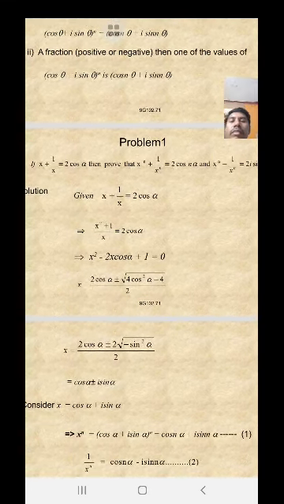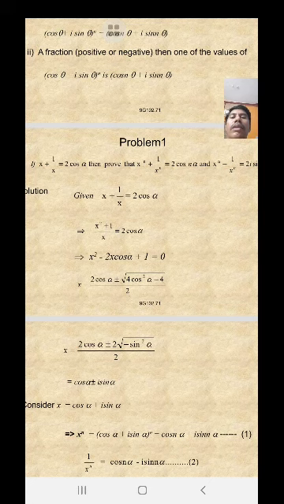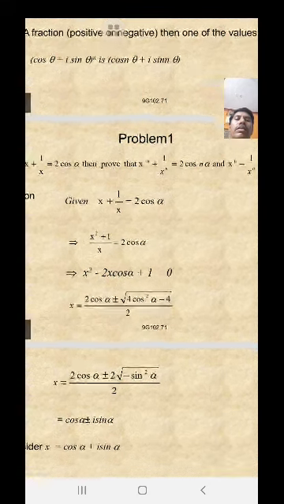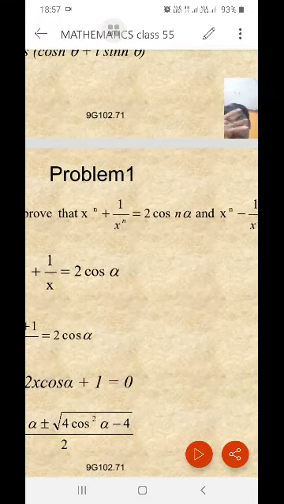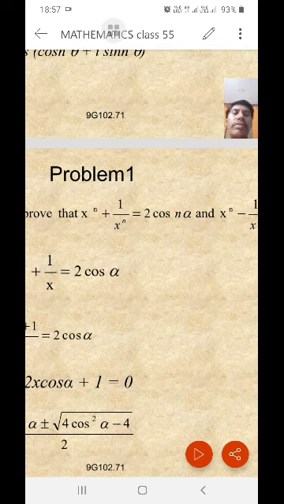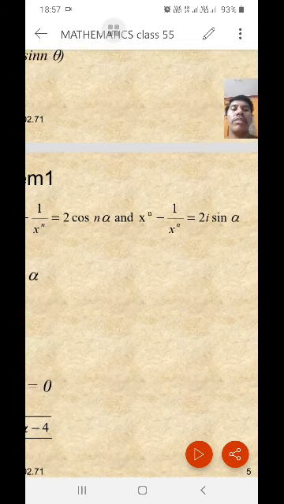Problem 1. If x plus 1 by x equals 2 cos alpha, then prove that x power n plus 1 by x power n equals 2 cos n alpha, and x power n minus 1 by x power n equals 2i sin n alpha.